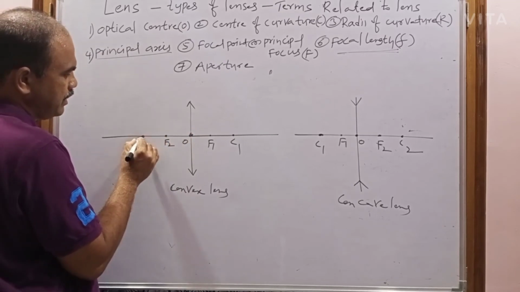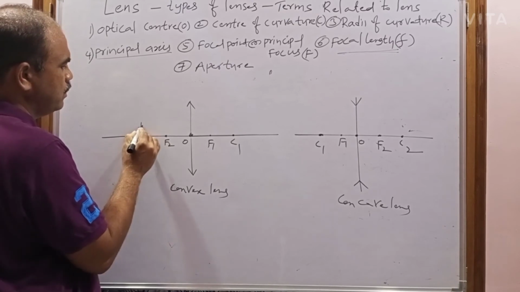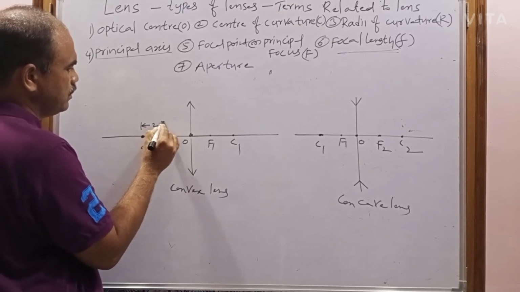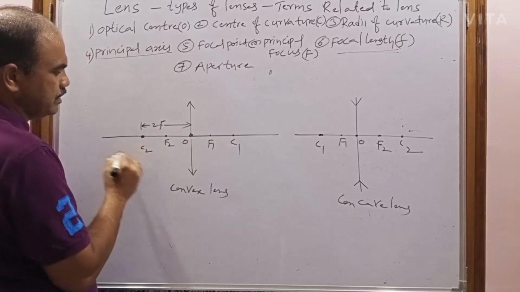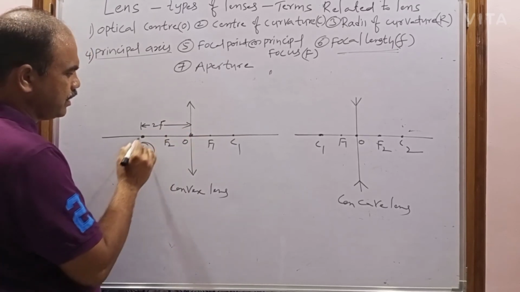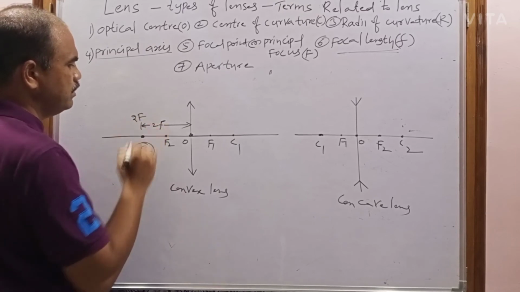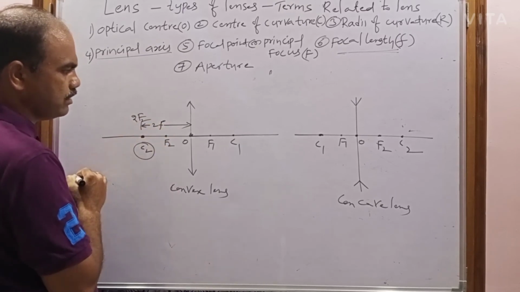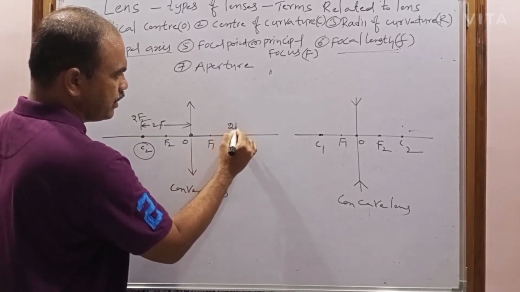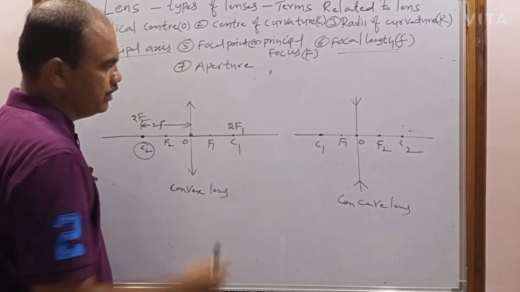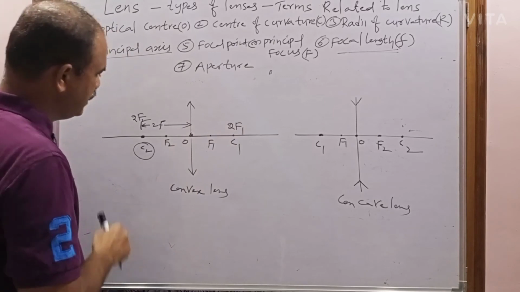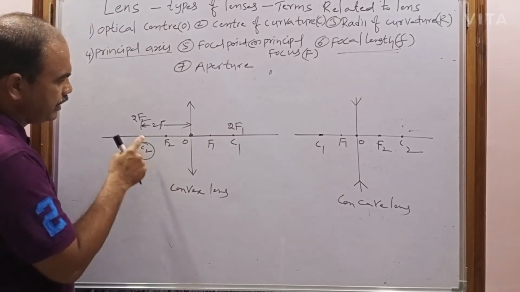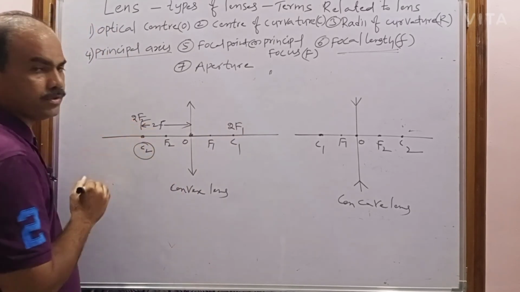So the center of curvature will be 2 times the focal length. That's why the center of curvature can also be represented with 2f. This point is 2f2, and this point can be called 2f1. So the first center of curvature can be taken as 2f1, and the second center of curvature of the convex lens can be taken as 2f2.